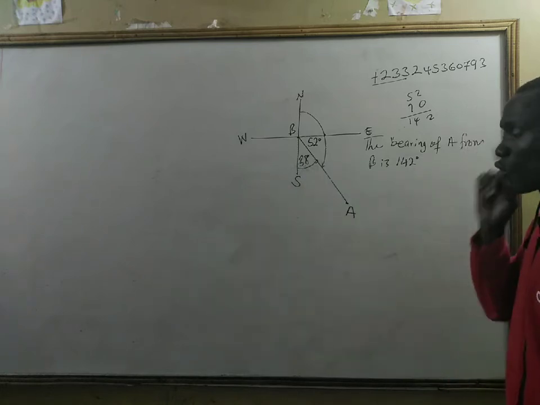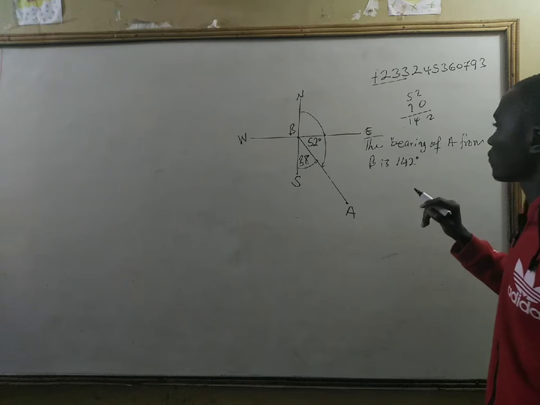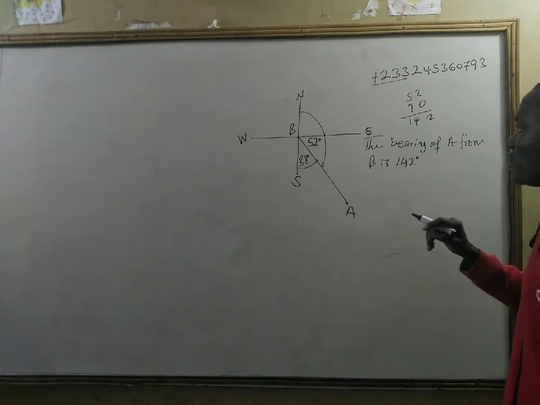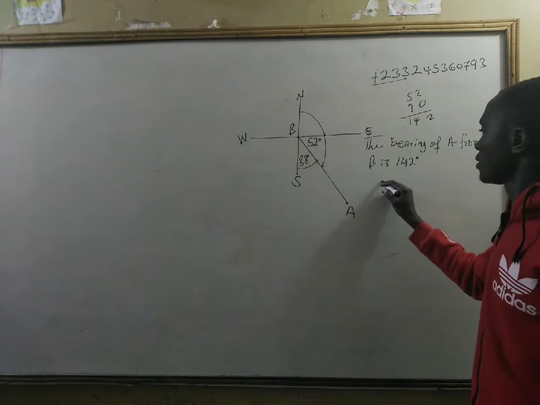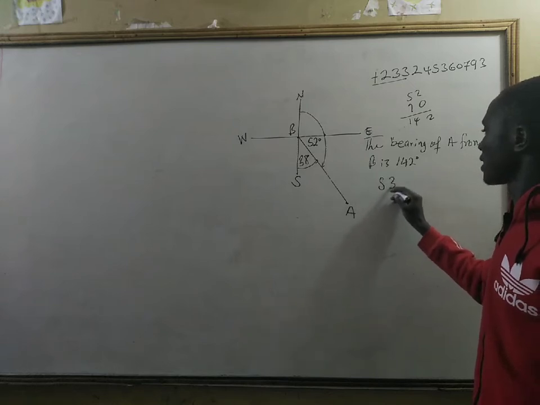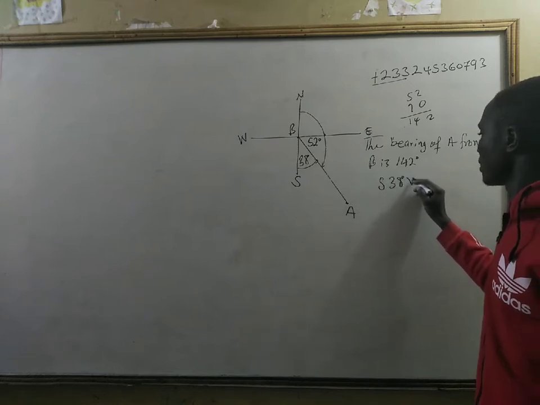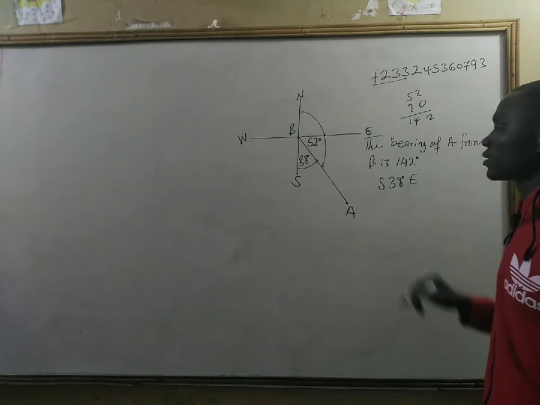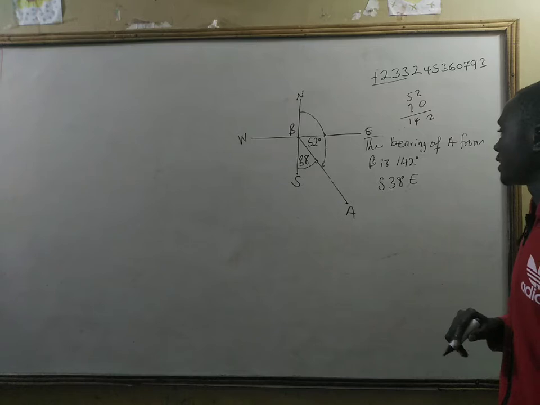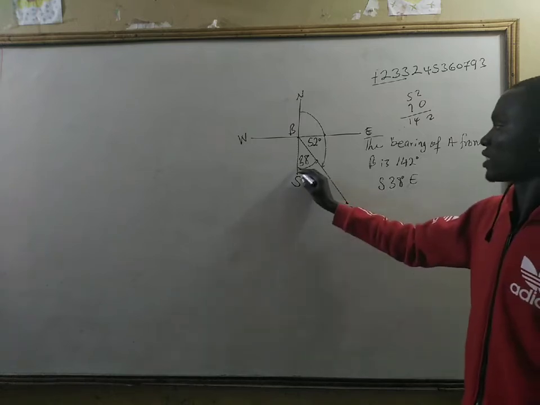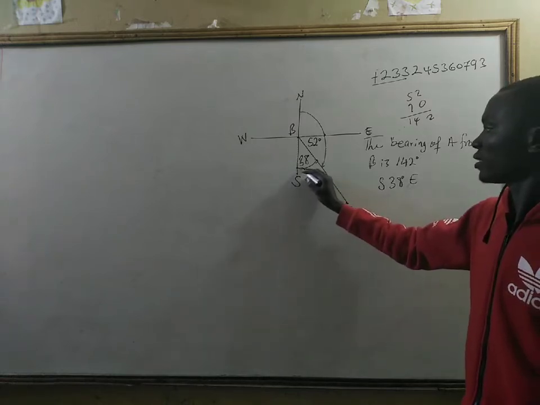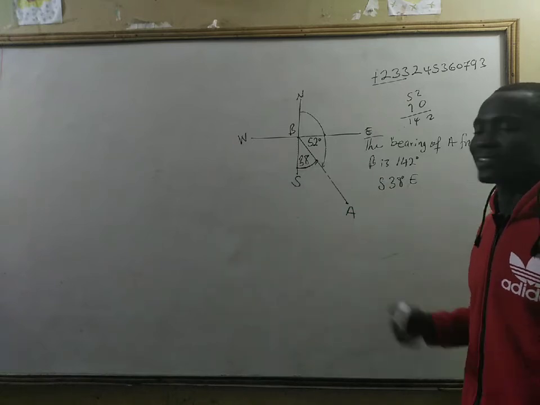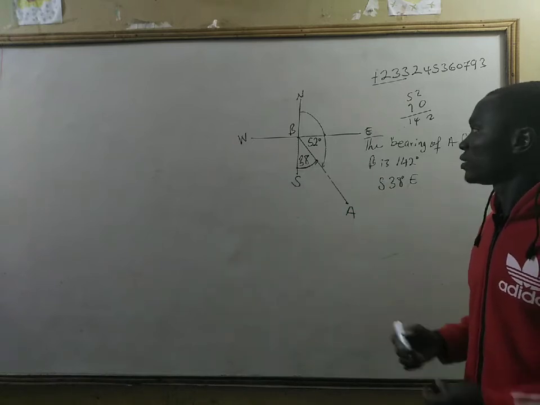So in terms of the compass bearing, the bearing of A from B is simply south 38 degrees east. We measure it from here to line A. Wow, that is very simple.